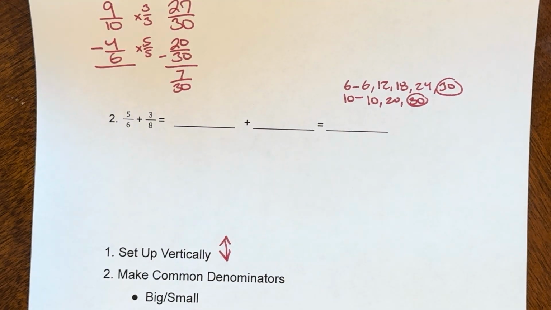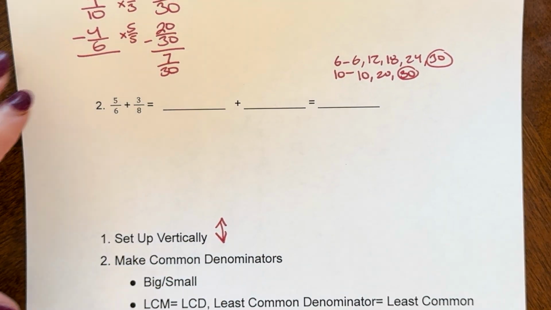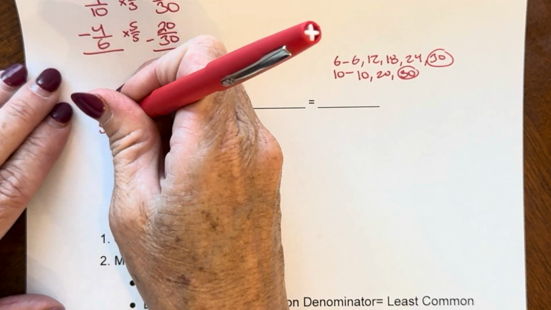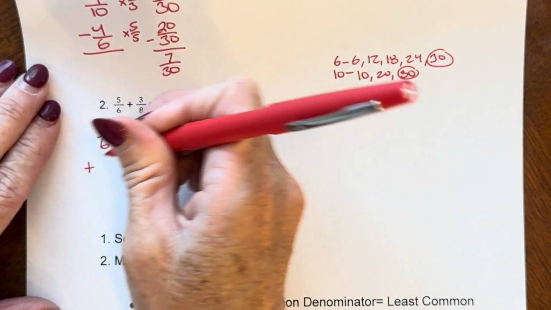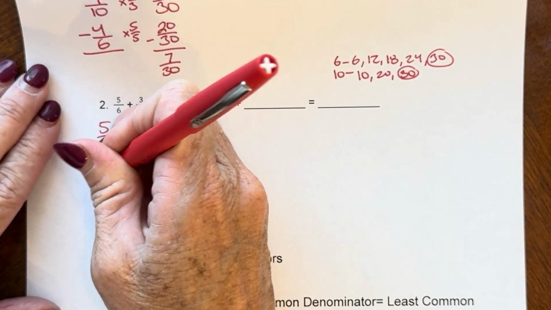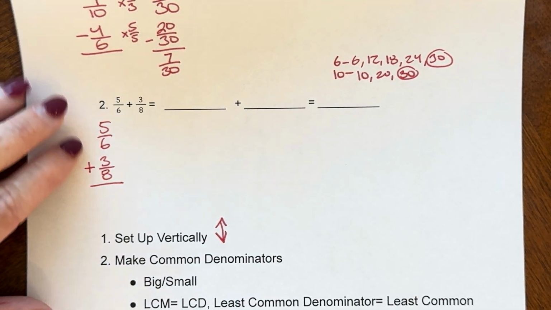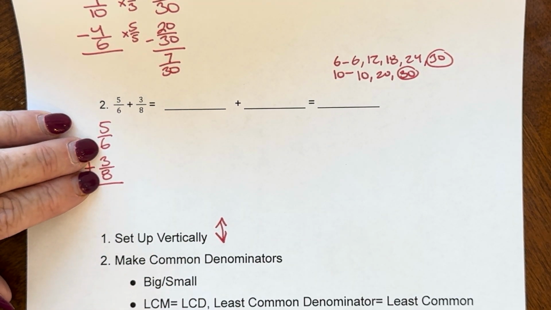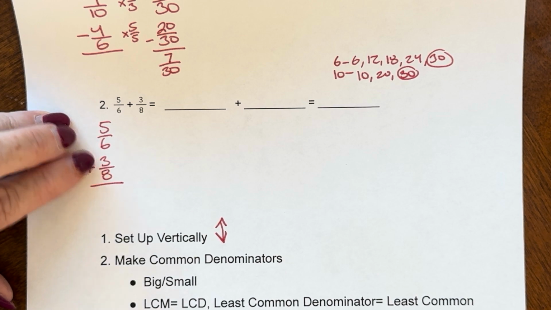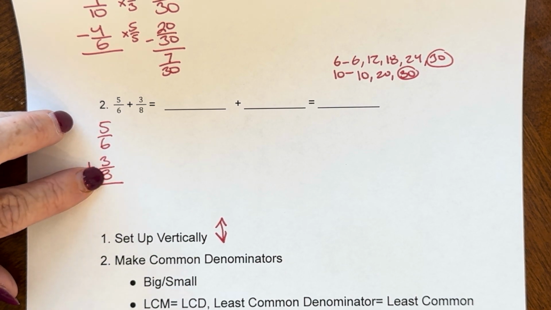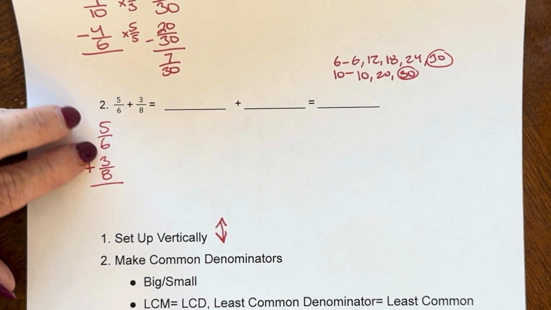Okay, number 2 is 5/6 add 3/8. Okay, step 2 is they are different denominators, so I need to make them the same. And 6 cannot fit into 8, so I can't use my shortcut one.